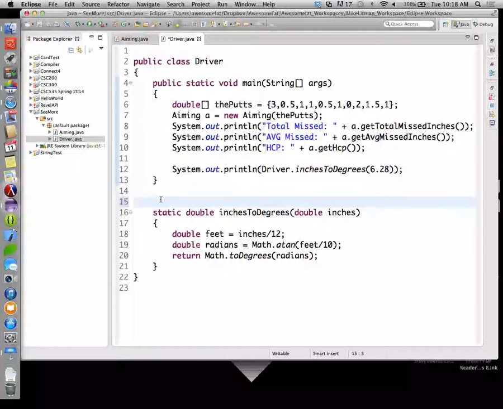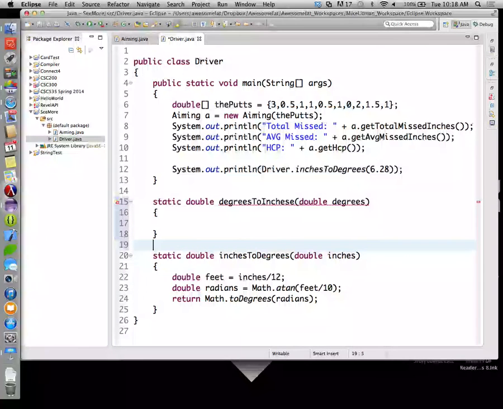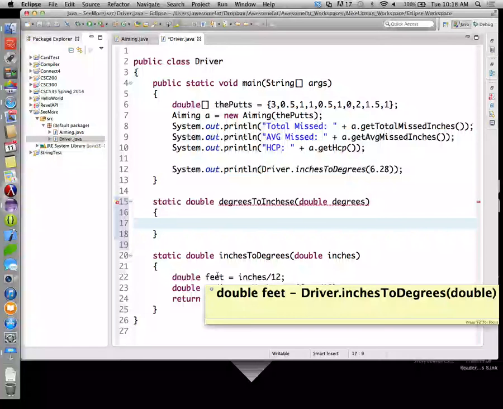So I want to write a function here. Static double degreesToInches that takes in a double degrees as a parameter. Okay, and so how do we go backwards? It's got to be the inverse of what this does. So what we did here is we took number of inches, we converted it to feet.